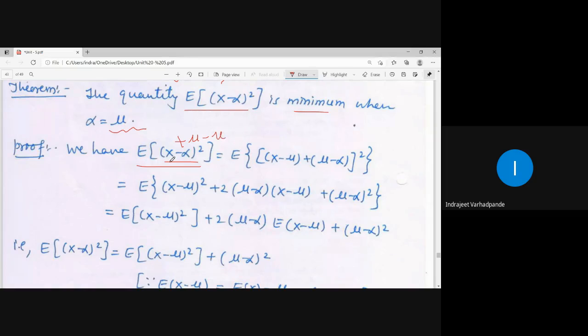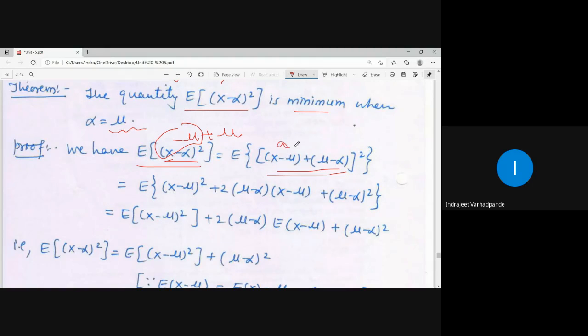So minus mu is associated with x and mu minus alpha is taken into the other bracket. So add mu and subtract mu, or if you want to understand by writing, how would you write it, minus mu plus mu. So accordingly x minus mu is taken together here and mu minus alpha is taken together, and we take its square.